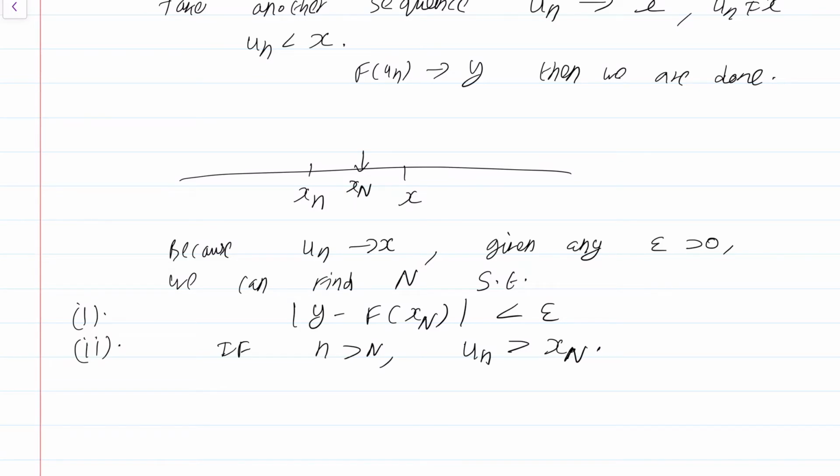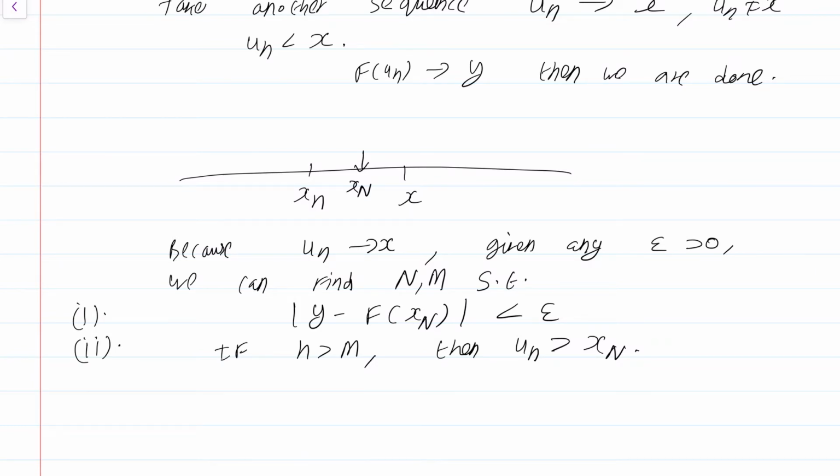What I'm claiming is if you choose n, okay, so this I really cannot do. We can find n, m. I got a little bit too ambitious. So if small n is greater than capital M, then xn is greater than x capital N. This is what I want.